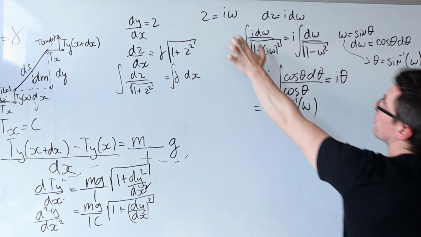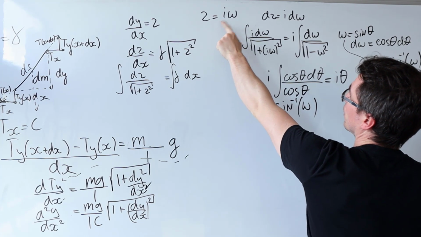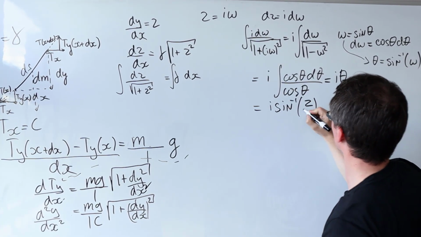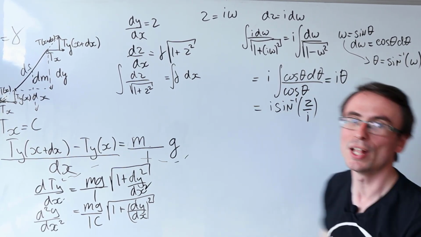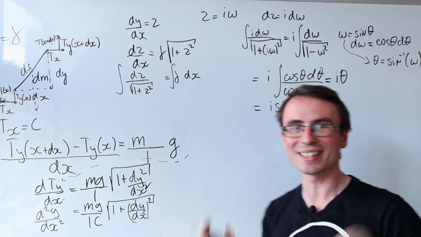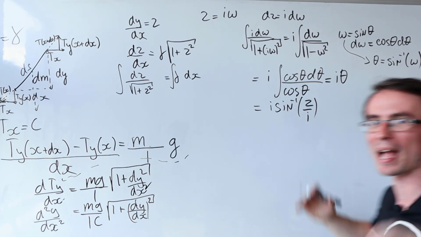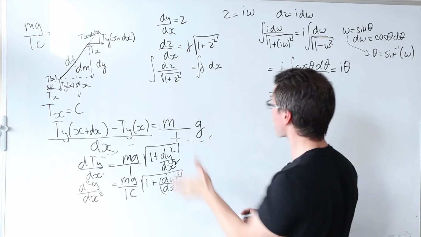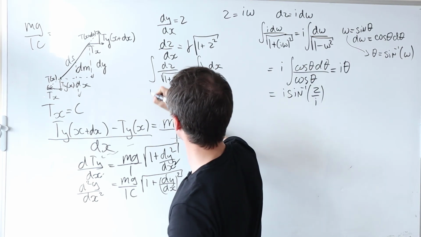Well, w is going to be z over i, so I'm going to write this as z over i. So many substitutions in this derivation, it's absolutely brilliant. And now we're ready to plug in this integral. Let's see what we're going to get.